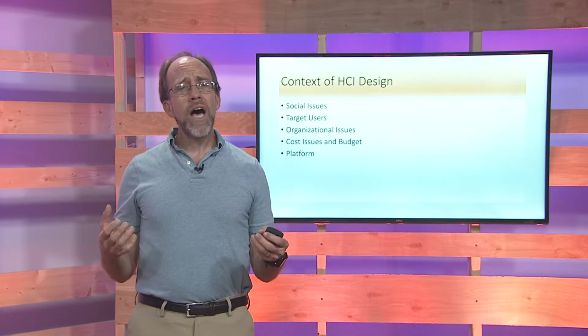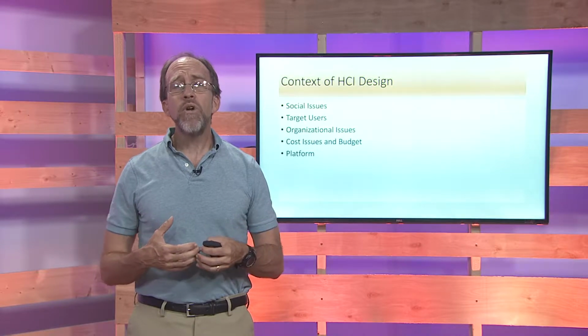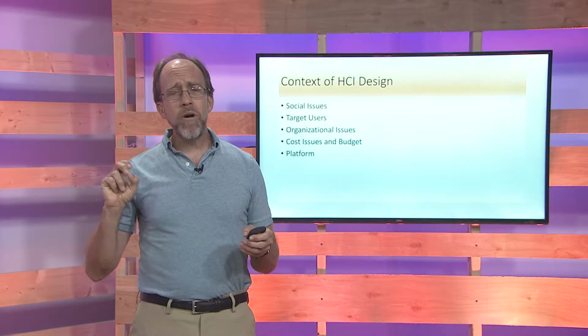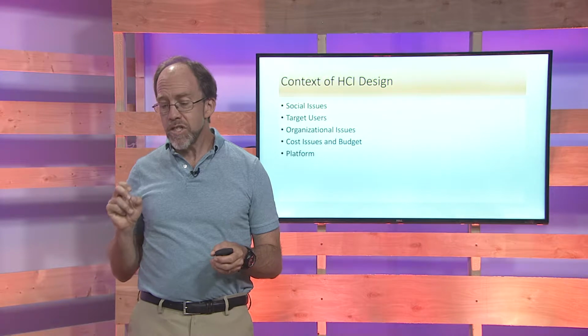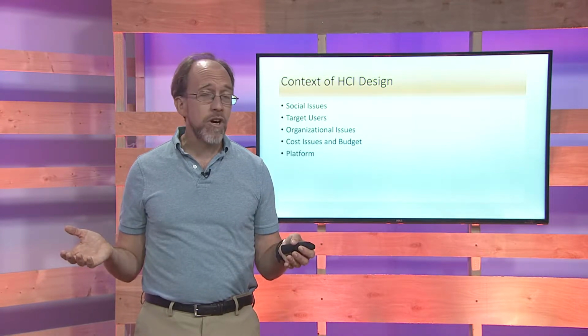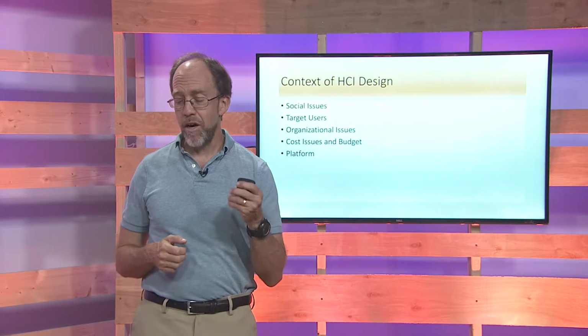There's a whole lot associated with context, because context can also include all the social parameters that are occurring at the time, and that could be or might not be part of the context. But there are many factors associated with the context. Really, the most important factor of the context is the understanding of your users and the organization. But don't forget that you can also have things like cost and platform, which are part of the context itself.